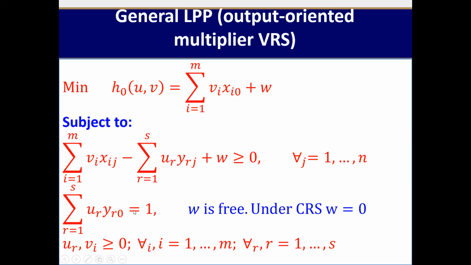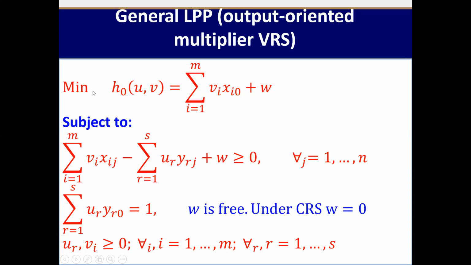And in the input oriented, the weighted sum of the inputs is set to 1. For the output oriented in the multiplier model, you have minimized, but for the input oriented, you have maximized.